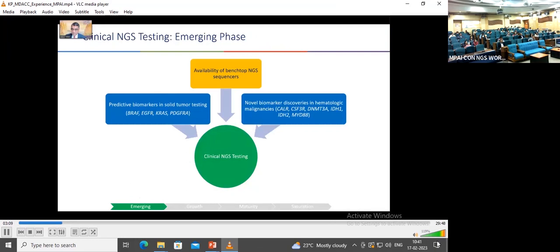The initial phase, or the emerging phase, for us really started around 2010-2011 when the first benchtop NGS sequencers arrived, and these were the Ion PGM and the MiSeq sequencers from two different manufacturers.